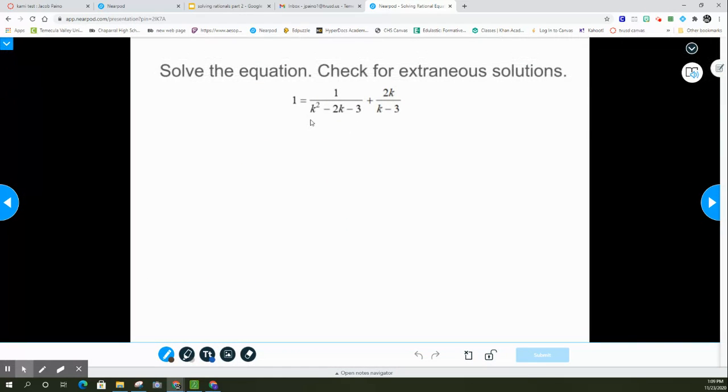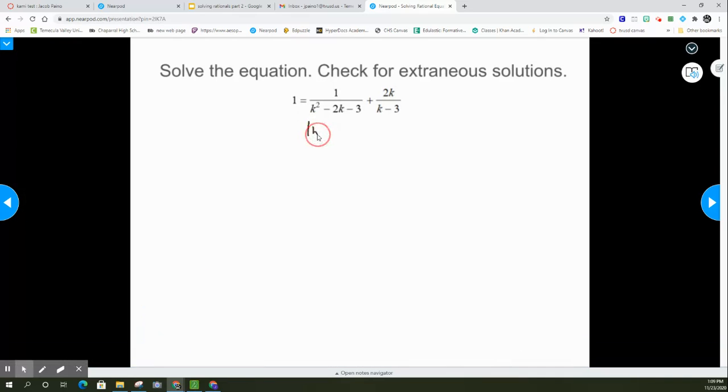All right, last example. Same as last time, I'm going to factor the quadratic trinomial to be k minus 3, k plus 1.